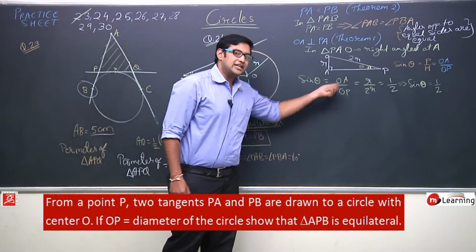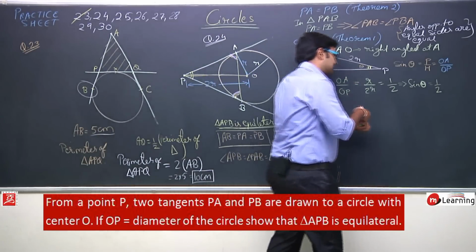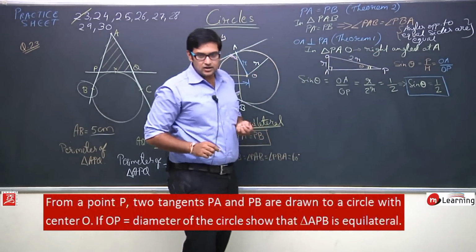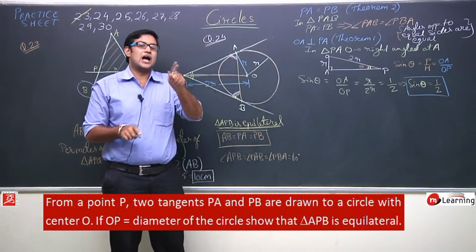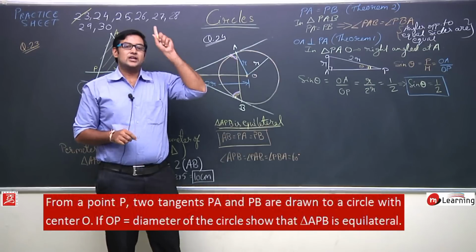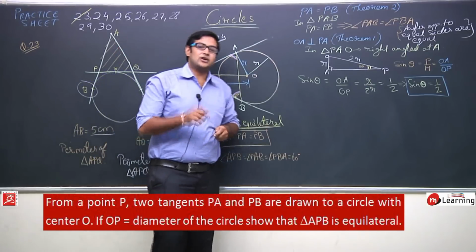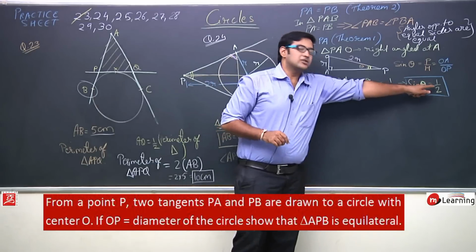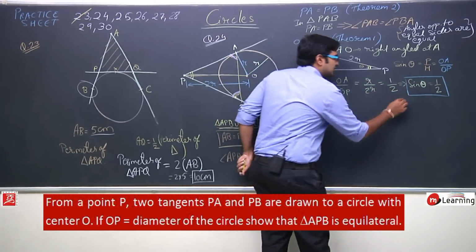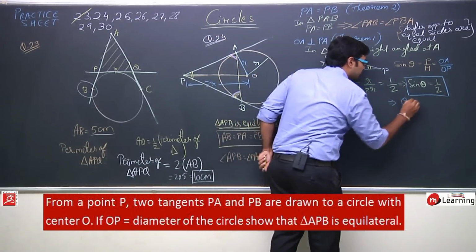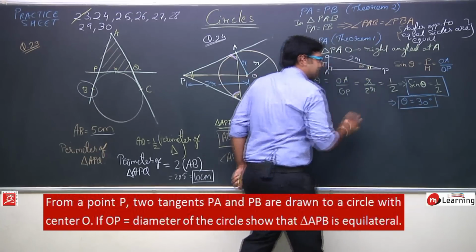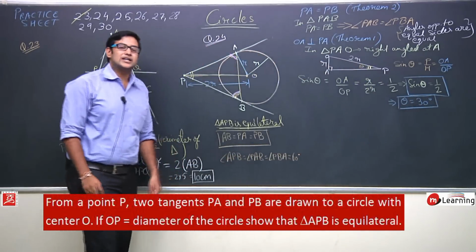So if sin theta is equal to 1 upon 2, what does this mean? If sine of any angle is equal to half, then try to remember the table that you have studied in trigonometry. According to the table, if sin theta is equal to half, it implies theta is equal to 30 degrees.